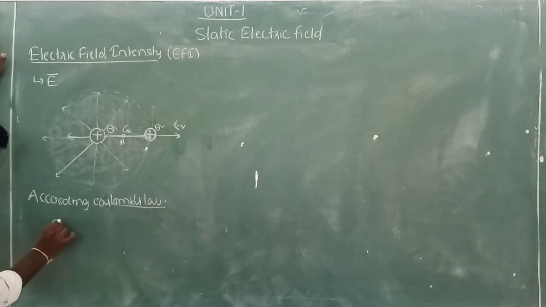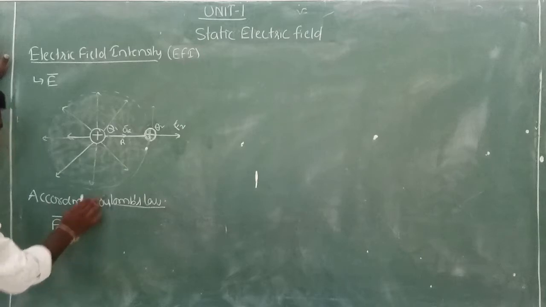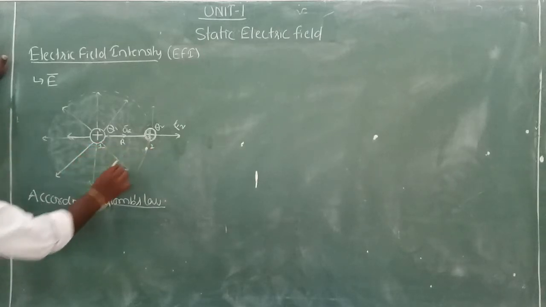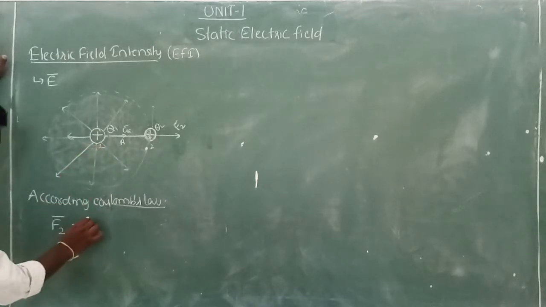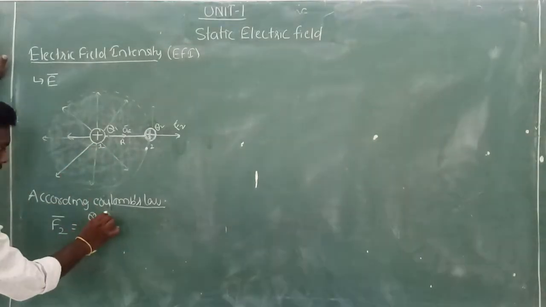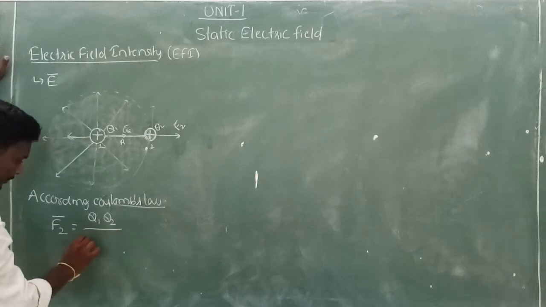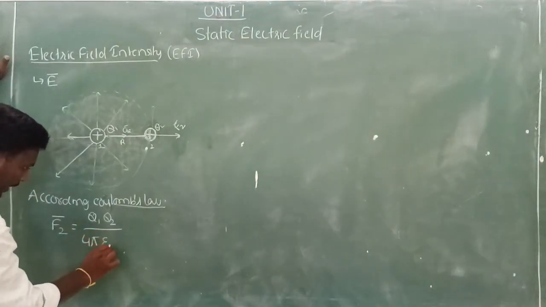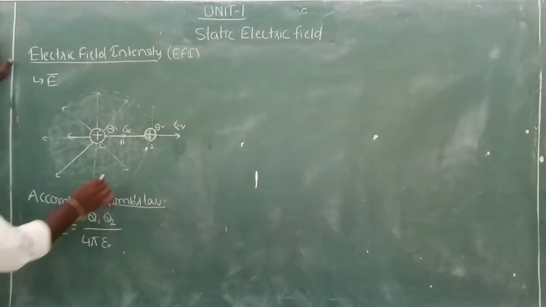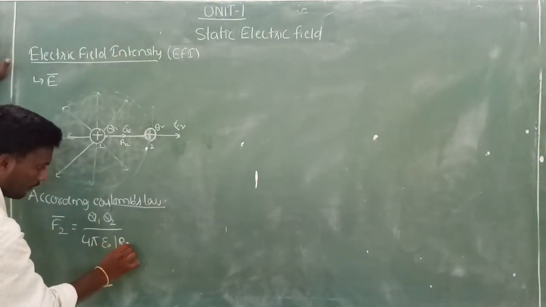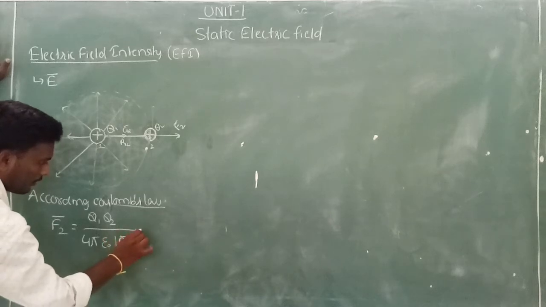F2 bar equals, the magnitude of charge at position 1 is Q1, and at position 2 it is Q2. The force is the product of Q1 and Q2 divided by 4 pi epsilon naught, and the distance between 1 and 2 is R12, so R12 bar whole square.